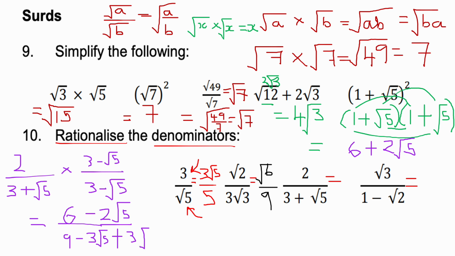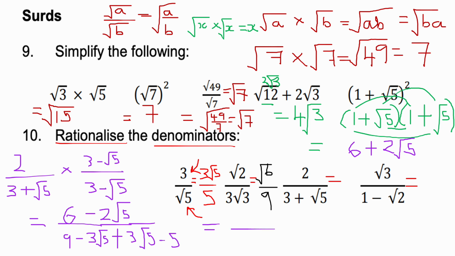And then root 5 times negative root 5 becomes minus root 25, which we should know is equal to 5. So this now becomes minus 5.